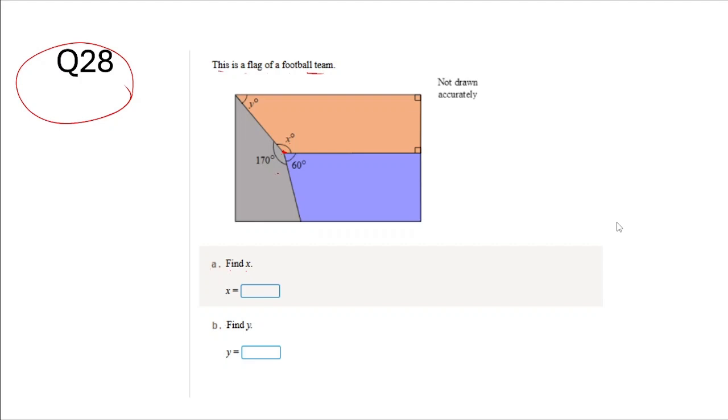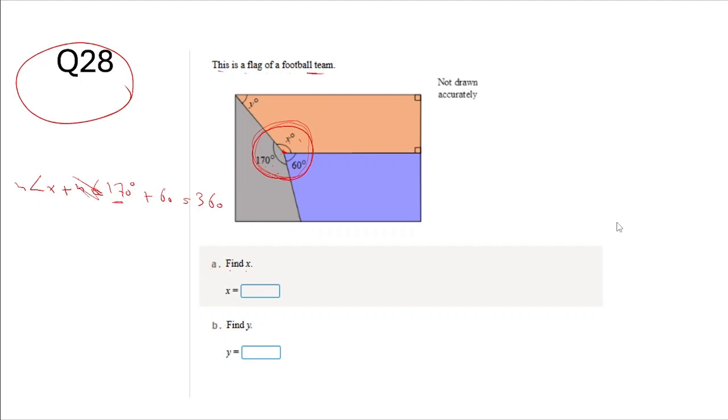So as we see here, the measurement of the whole circle, the angle of this circle, is 360. And I have three angles, so that means the angle x plus the measurement of this angle, which is 170, plus 60 would be equal to 360, right?